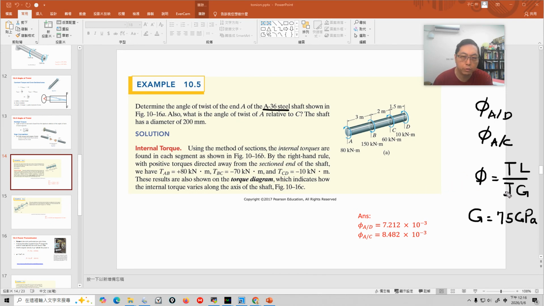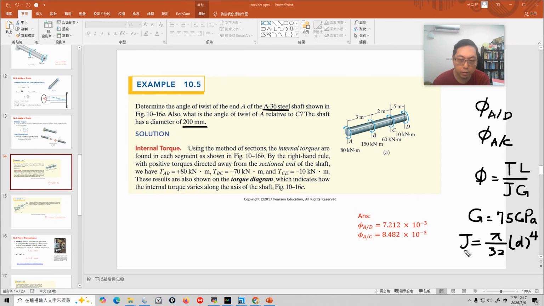For this angle of twist problem, we also need the polar moment of inertia J. J is equal to pi over 32 times d, maybe I should use small d, to the power 4. What's the diameter of this cross section? It says the diameter is 200 millimeters.